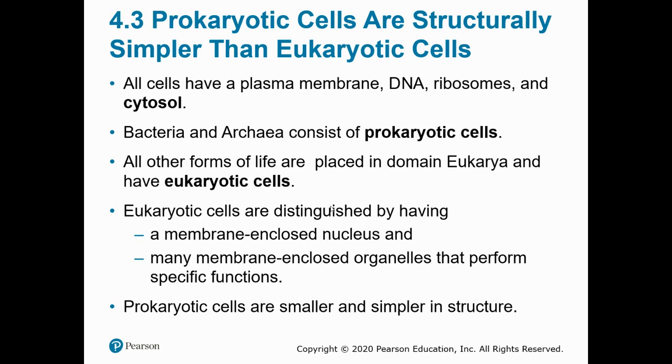Eukaryotic cells, in contrast to prokaryotic cells, do have a membrane-enclosed nucleus and organelles to produce specific functions. Prokaryotic cells are smaller and simpler, but what all of them have in common is they all have a plasma membrane, they all have DNA, they all have ribosomes, and they all have a cytosol.